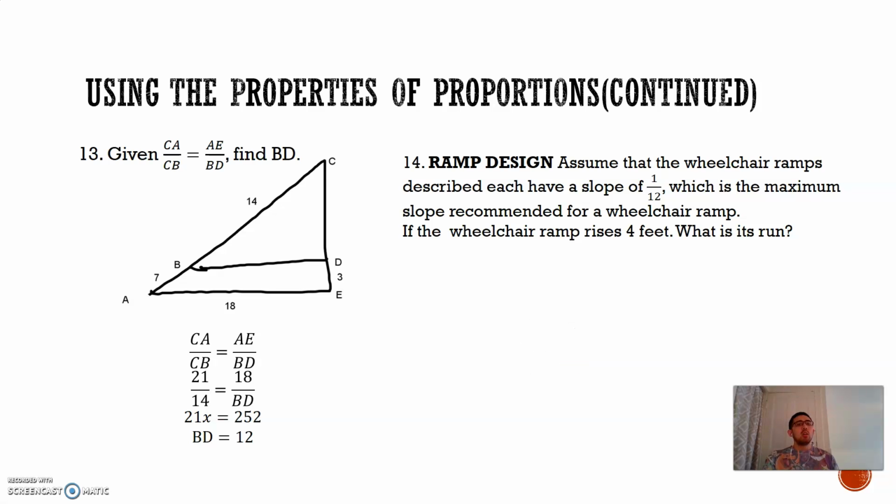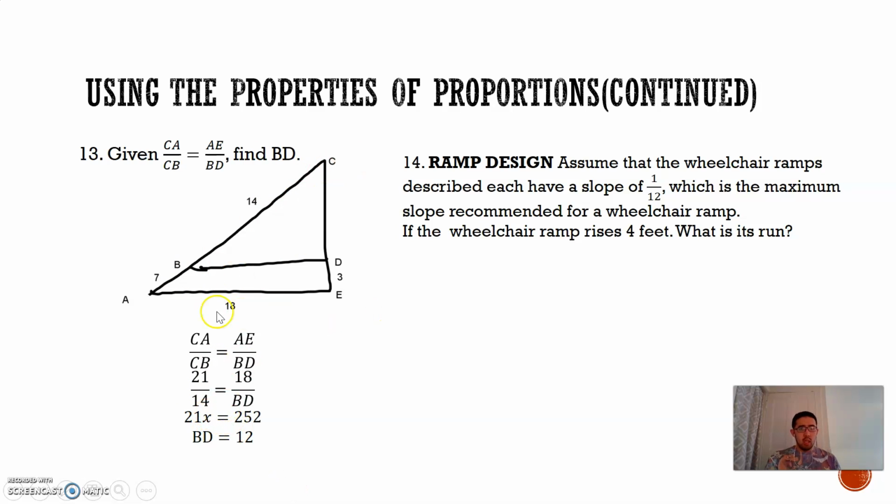Okay. So, these are the last couple of questions. CA to CB is equal to AE to BD. Okay? So CA to CB, so CA is 21, right?